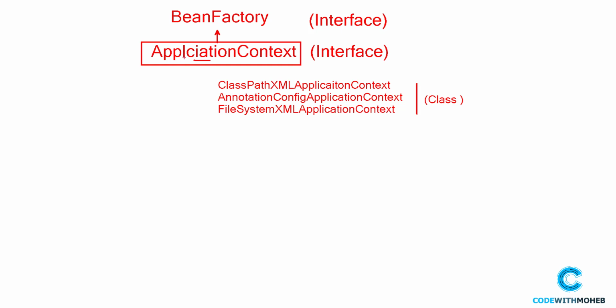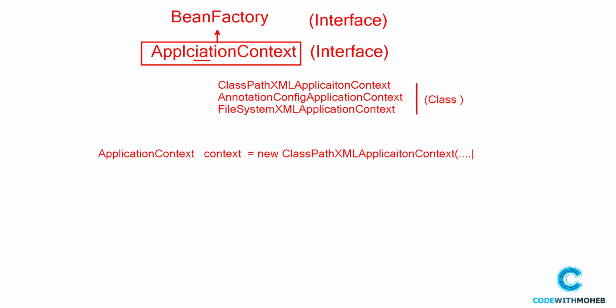Now we cannot create an object of this one, but we can create a reference variable of type application context and an object of type class path XML application context, or annotation config application context, or file system XML application context. How we can create it like this: application context, for example, context equals new class path XML application context.